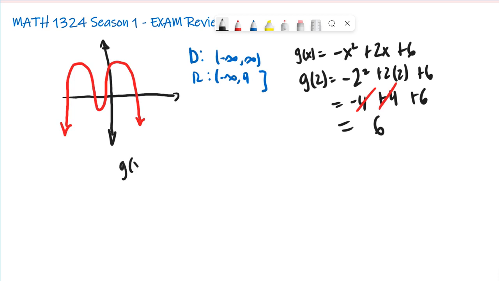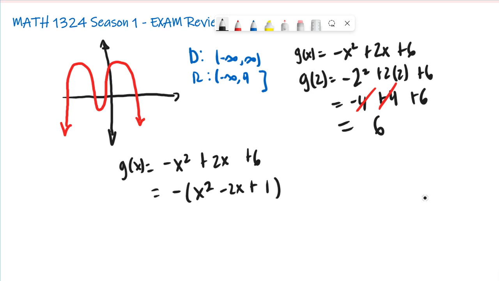I would take g of x equals minus x squared plus 2x plus 6 and take out a negative, so I have x squared minus 2x plus, we take half of the middle term, which is negative 1, and we square it, so we get 1. But we'll also go ahead and take the 6, and we're not going to subtract 1, but we're also going to add 1.